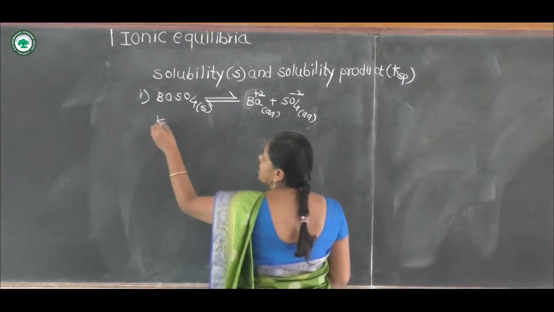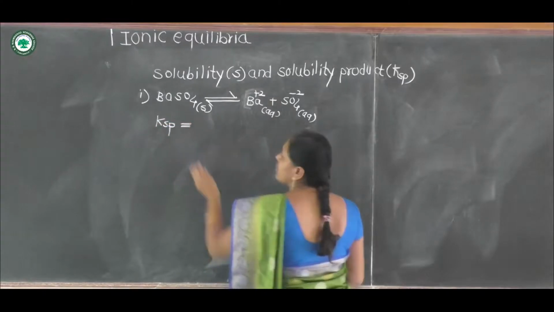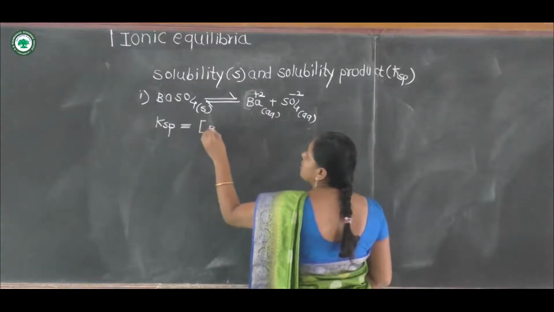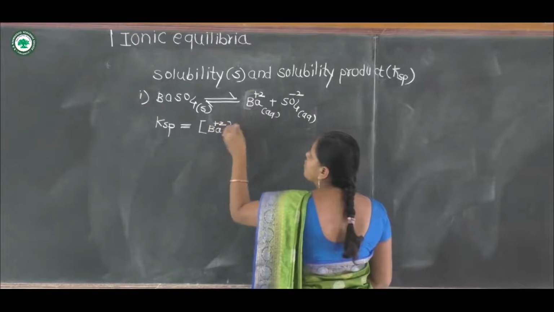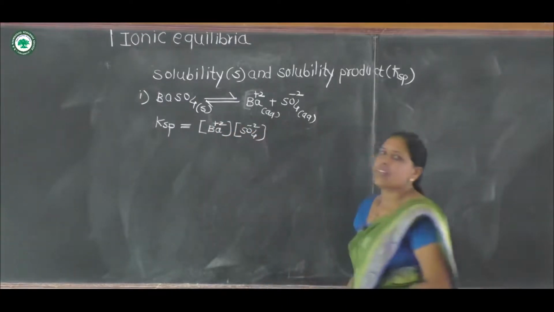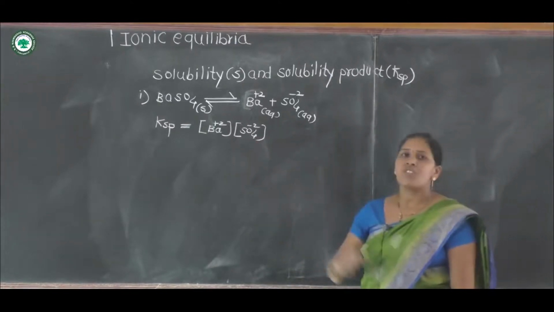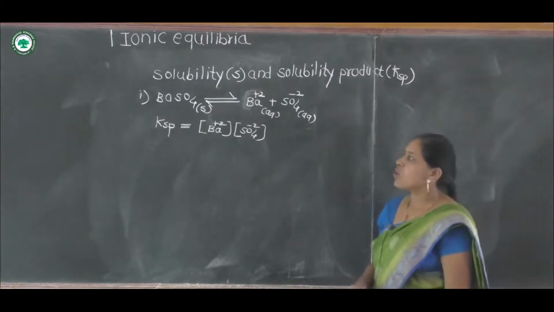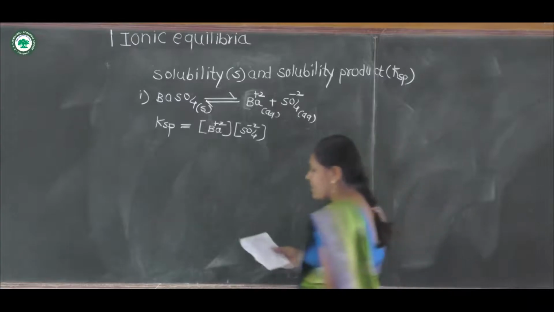Then KSP is equal to concentration of Ba2+ multiplied by concentration of sulfate ion. This is the expression for solubility product of BaSO4, barium sulfate.